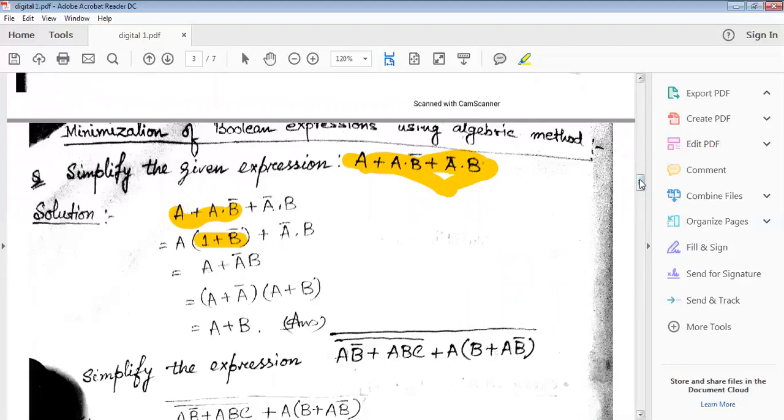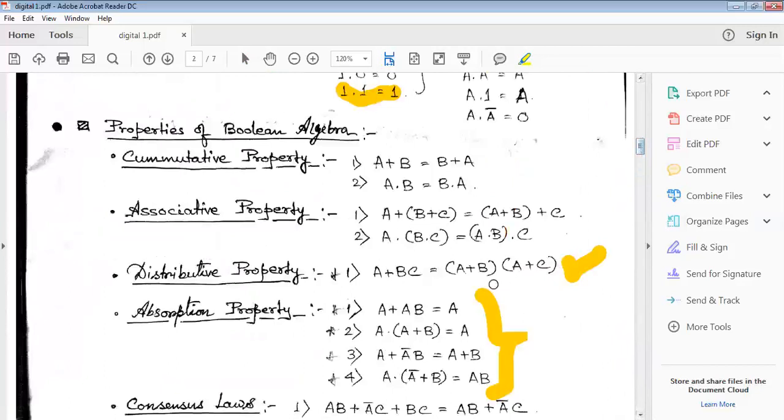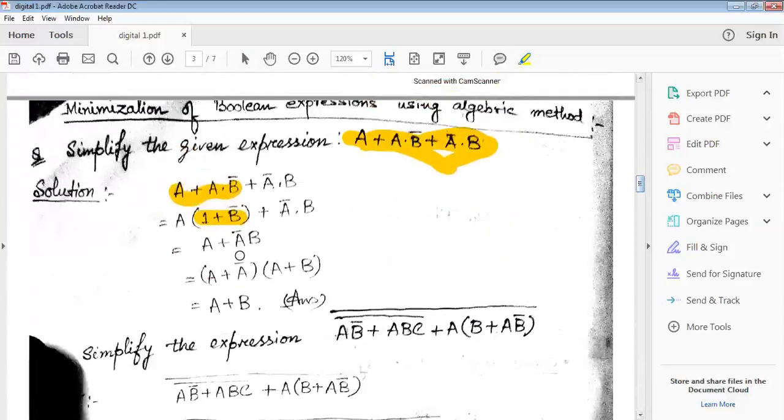Now I am just coming to that theorem. This is the distributive property, A plus BC equals A plus B into A plus C. So using that theorem, I can write A plus A bar B equals A plus A bar into A plus B. Now A plus A bar.